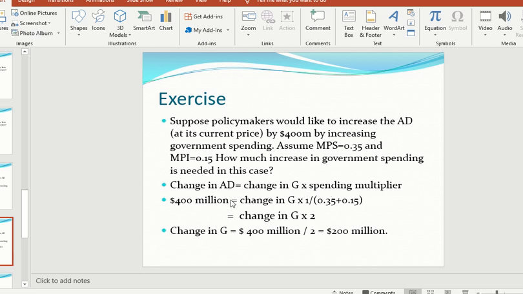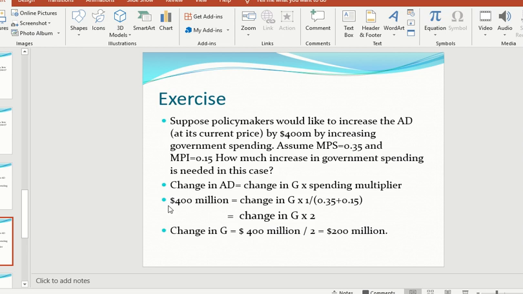So what is different here is we are no longer solving for the change in aggregate demand because that's known here, right? So $400 million. And we can calculate the spending multiplier, so we get 2. What is unknown here is actually the change in government spending that is needed. So the rest is just algebra.